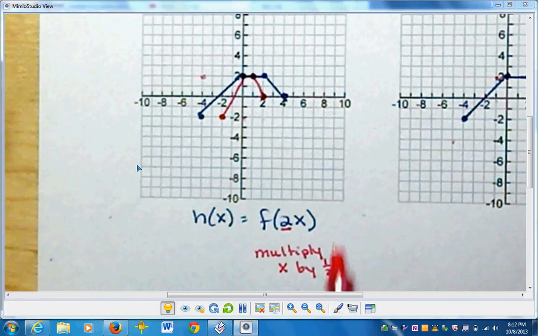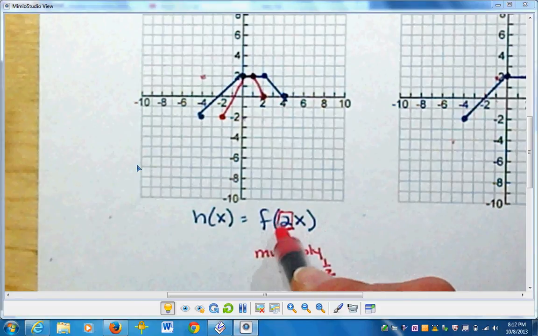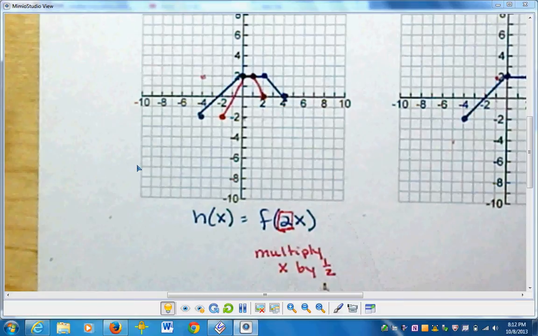So you have to be careful with this in particular because it does the opposite of what you think it would do. In other words, it does the inverse. So what's inside the parentheses does the inverse. So the inverse of 2 is 1/2. Because this is being multiplied, we're going to multiply our inside by 1/2.